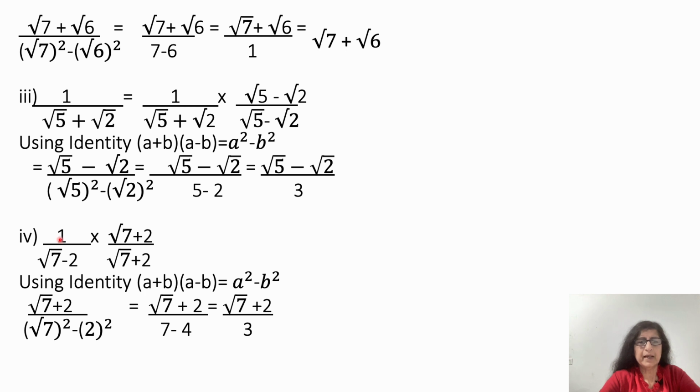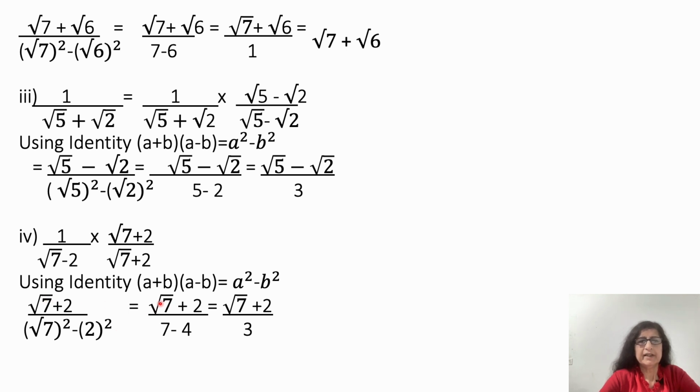Moving on to the fourth part, 1 upon under root 7 minus 2. We multiply this by the changed sign of the expression of the denominator. So multiplied by under root 7 plus 2 upon under root 7 plus 2. Using the identity, a plus b into a minus b is equal to a square minus b square, we get under root 7 plus 2 upon under root 7 square minus 2 square.